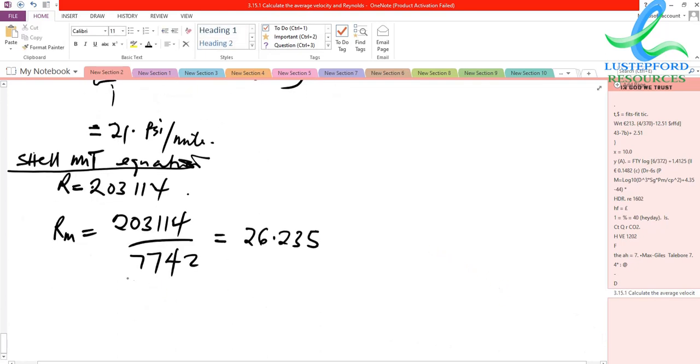Already this is turbulent flow, so I will use the friction factor for turbulent flow.